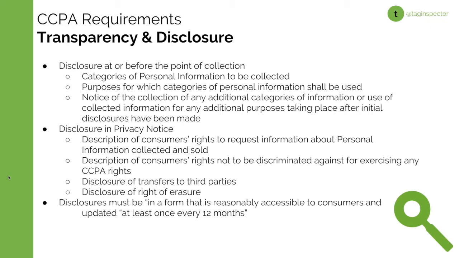Next is disclosure of transfers to third parties. This is extremely important when it comes to tags on your website. Oftentimes, especially with media platforms that are doing cookie matching, the values being matched across those different platforms are being passed from your ad server, from your DMP, to other ad networks.